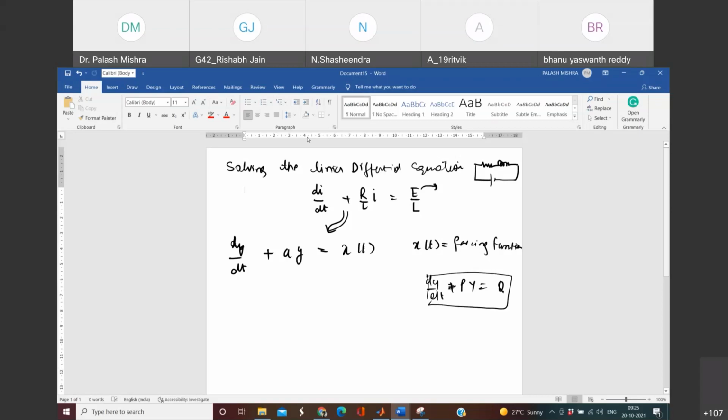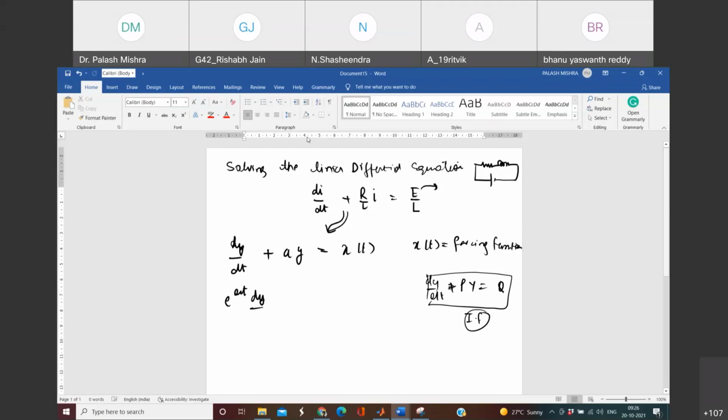Yes, sir. So there was an integrating factor that you have to calculate. Okay. So the integrating factor for this particular equation, I have discussed in the previous classes also, is e to the power of at. Not minus at. e to the power of at will be the integrating factor.